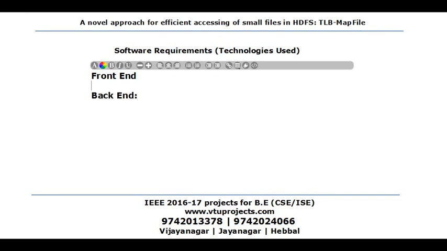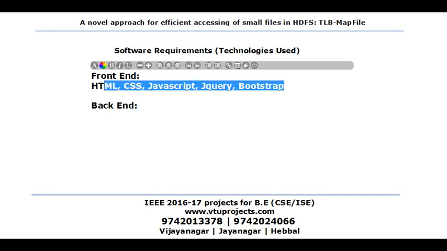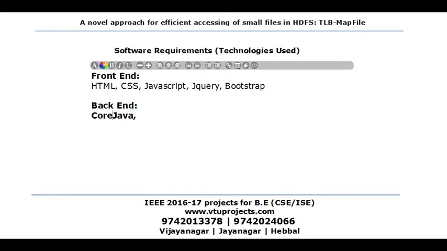In the front end we are going to use HTML, CSS, JavaScript along with jQuery and Twitter Bootstrap. In the back end we are going to use Java: core Java, advanced Java, J2EE. When I say J2EE, it's JSP, Servlet and JDBC.